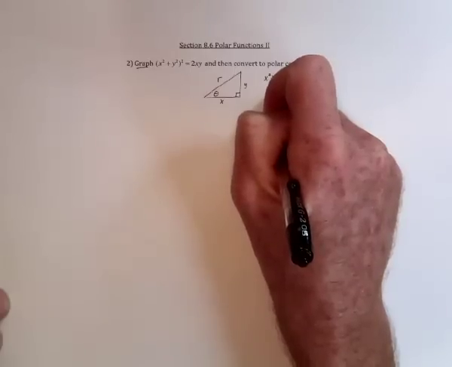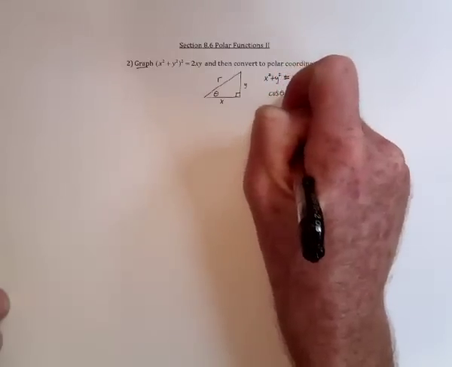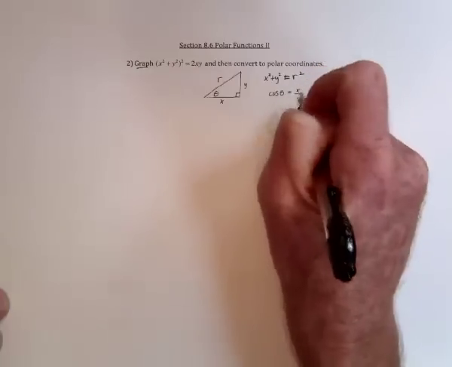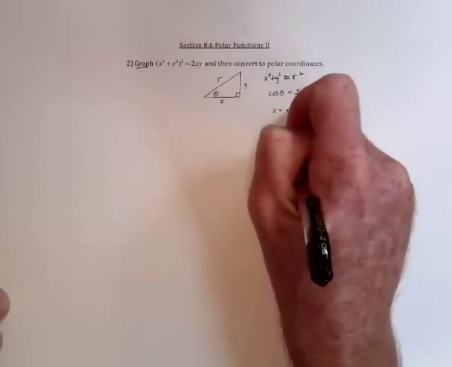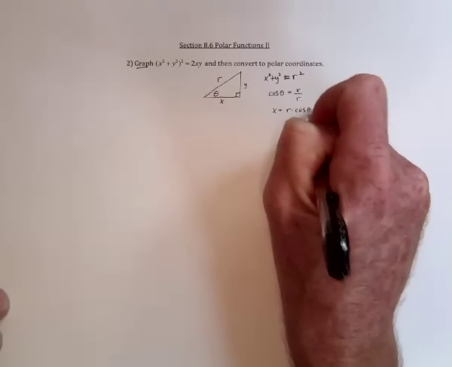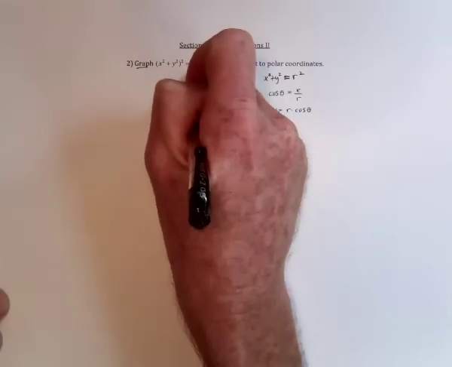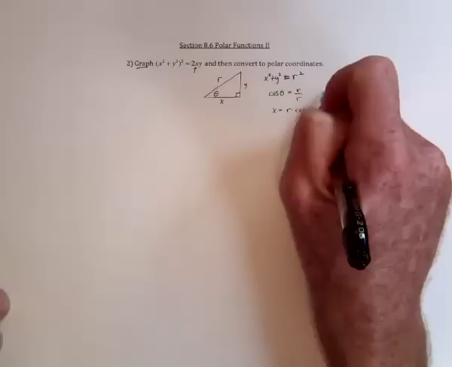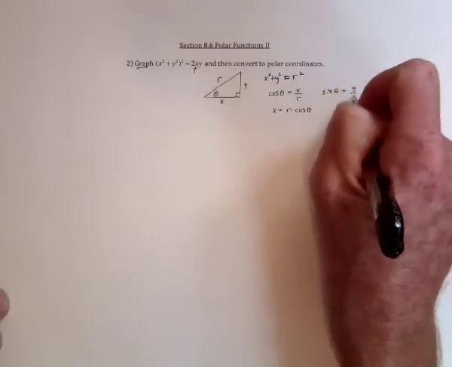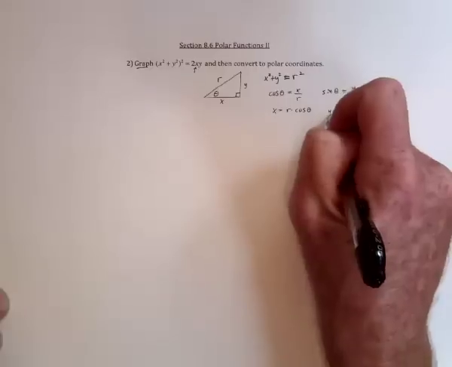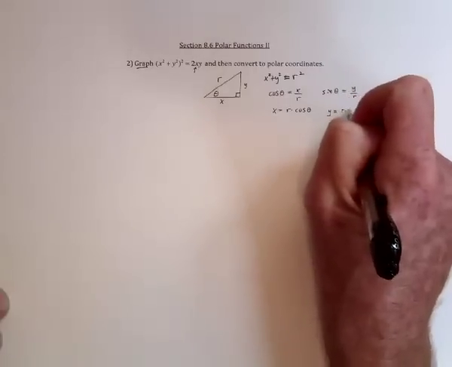So cosine of theta equals x over r, or if you solve for x, x is equal to r times cosine of theta. So that's going to help us out right there. And then use sine of theta is y over r. Solving for y, it's r sine of theta.